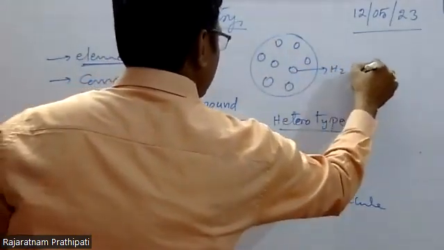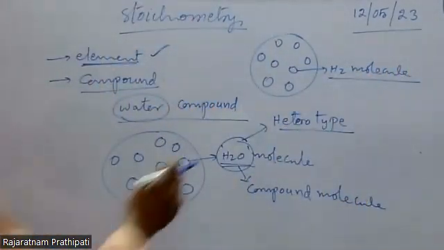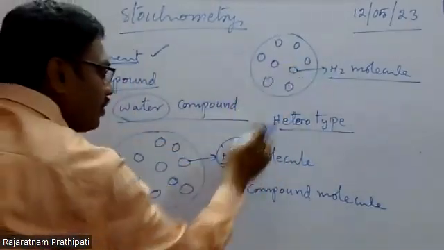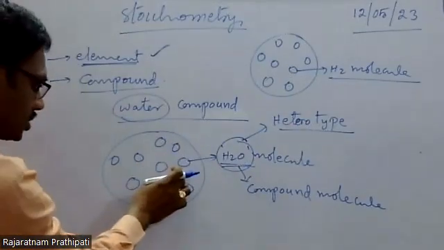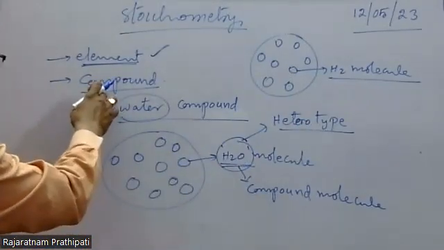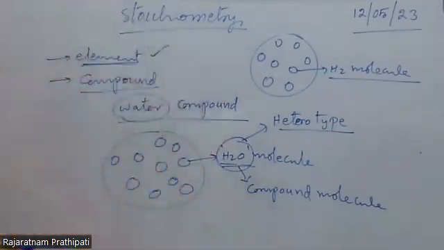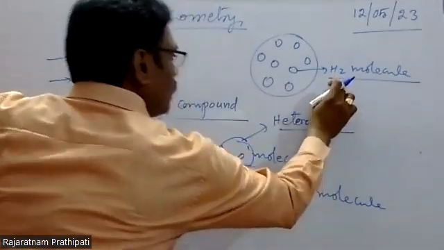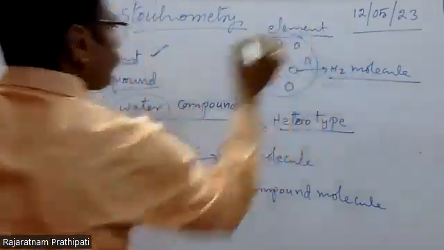In the previous case, the hydrogen molecule, the hydrogen element. Here this is an H2 molecule. H2O is a molecule, H2 is also a molecule. What is the difference between these two? Here this molecule is the smallest particle of a compound. That's why it is called a compound molecule. H2 is also a molecule, the smallest particle of an element.